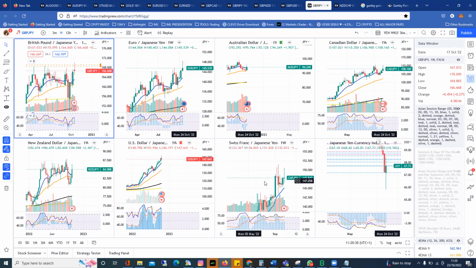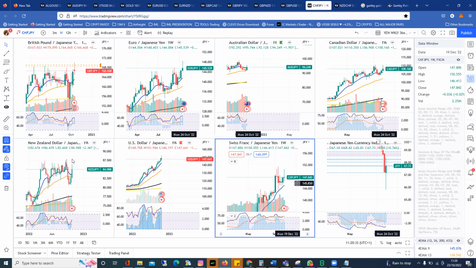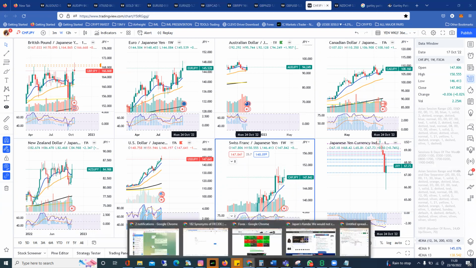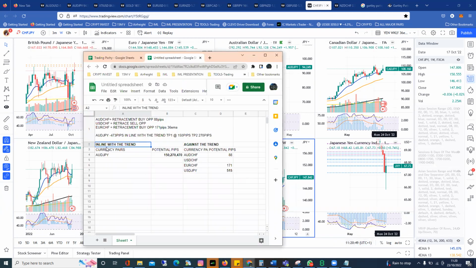Sorry about the mess. Although it's against the trend, what else is in line with the trend? This is in line with the trend, but it's got so many rejections coming up. So we need to be balancing. Let's say, for example, when you look at our charts, we've got just one trade in line with the trend.